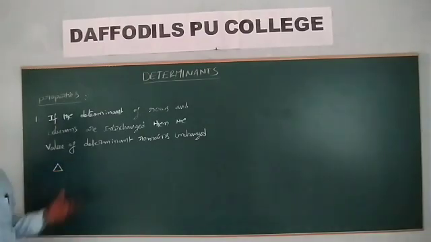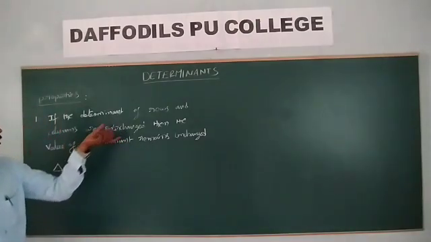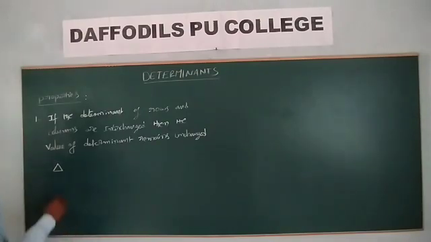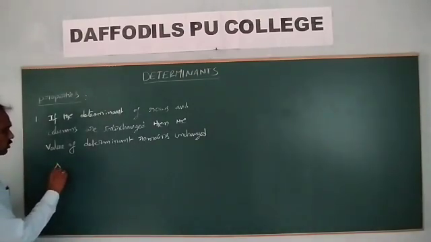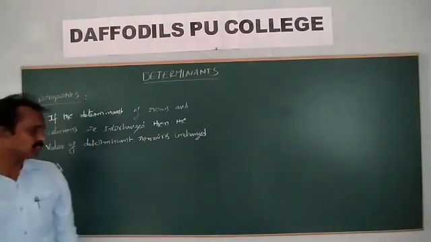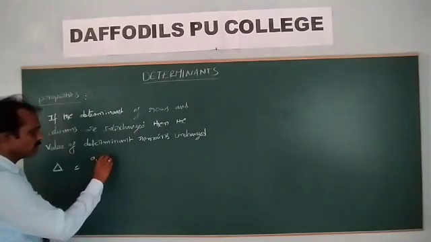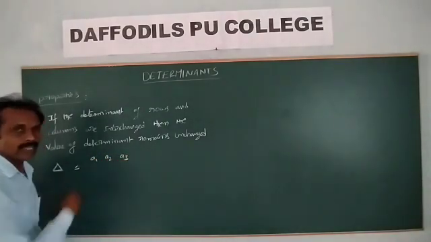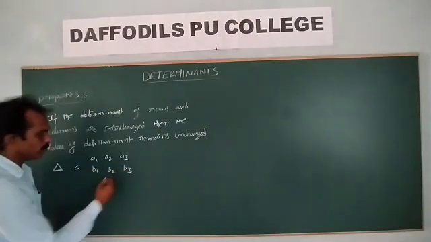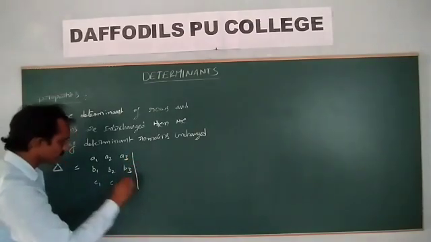Like taking a verification, sometimes they ask this in exams also. Given the statement, prove that if the rows and columns are interchanged, then the value of the determinant remains unchanged. Take the determinant, let it be A1, A2, A3, B1, B2, B3, C1, C2, C3.